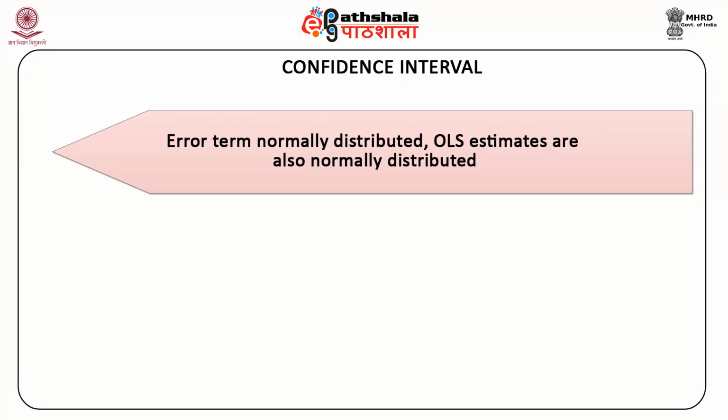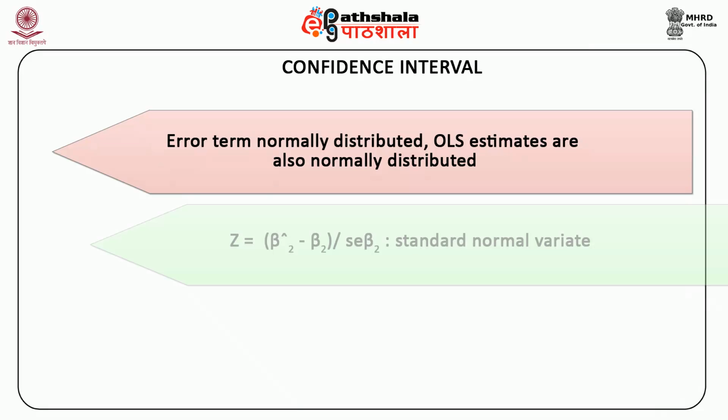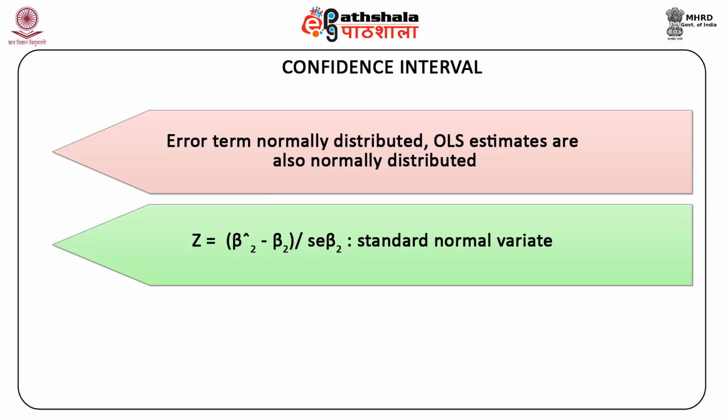Since the error term is assumed to be normally distributed, the OLS estimates of beta 1 and beta 2 are also normally distributed. Z is equal to (beta hat 2 minus beta 2) divided by SE of beta 2 as a standard normal variate. However, since the true population variance is not known, we use sigma hat instead of sigma.